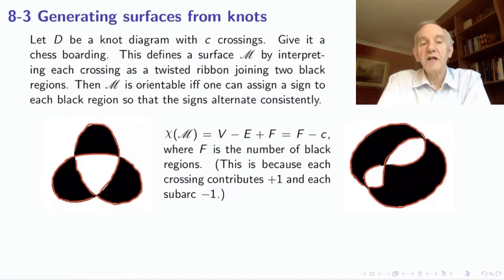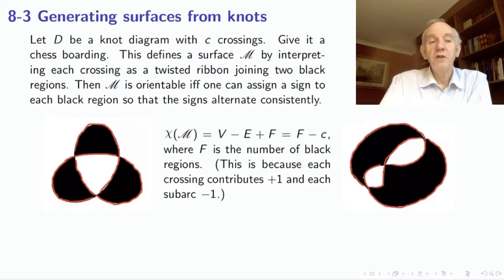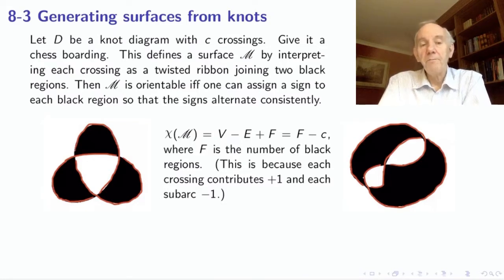And let's give our diagram a chessboarding. So we have alternate white and black regions. Normally the outside is white, and that obviously makes it easier to show you. And so we can actually manufacture a surface from this in the following way.